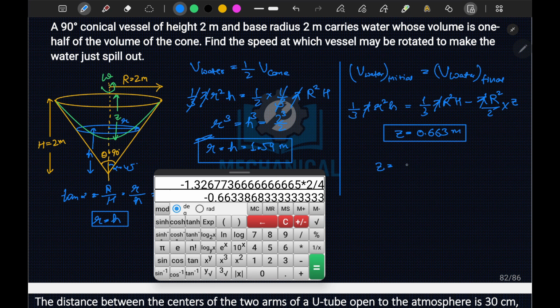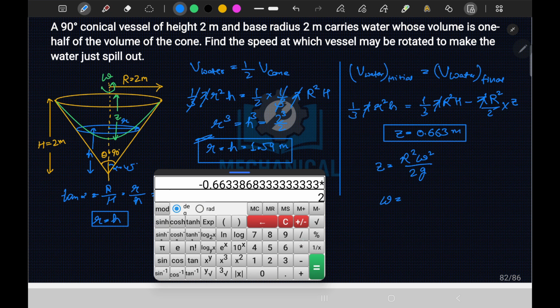We can write that z, the height of the free surface in rotational rigid motion, is given by r square omega square by 2g. So from here we can calculate omega square is equal to z times 2 times 9.81 divided by r square, that is 4.